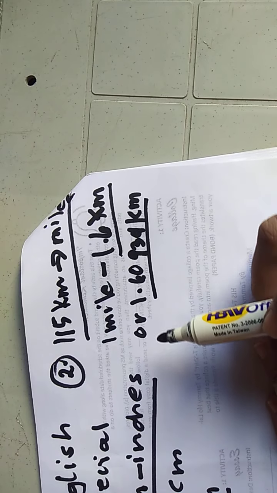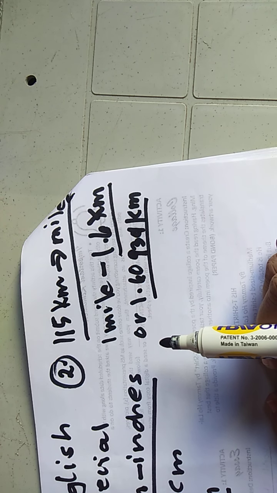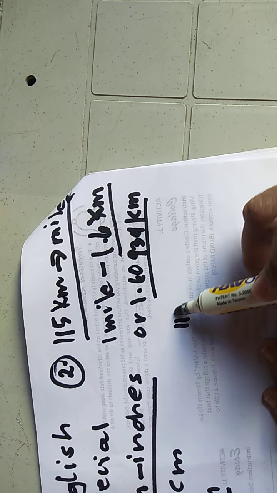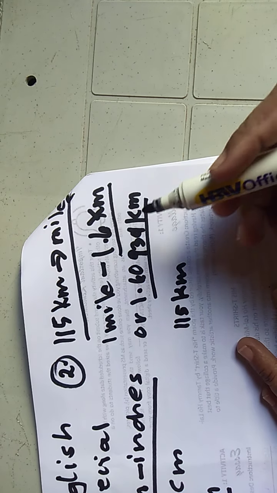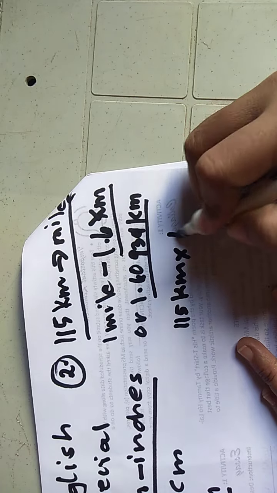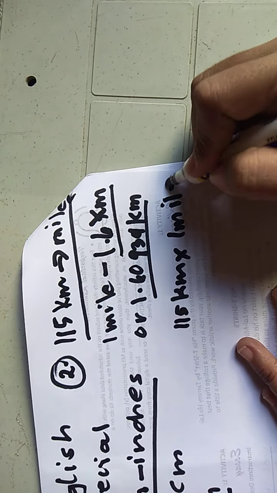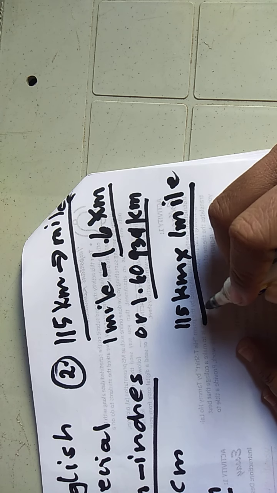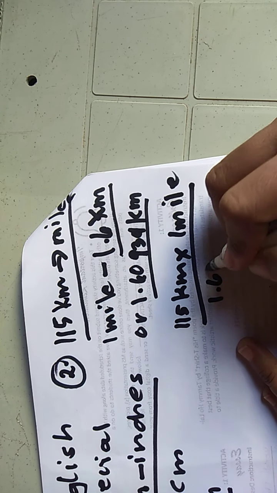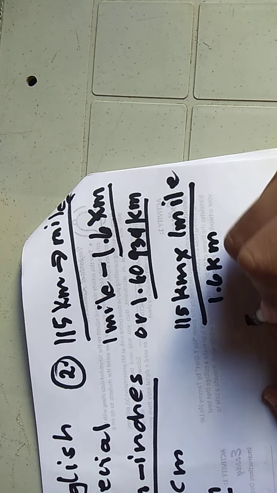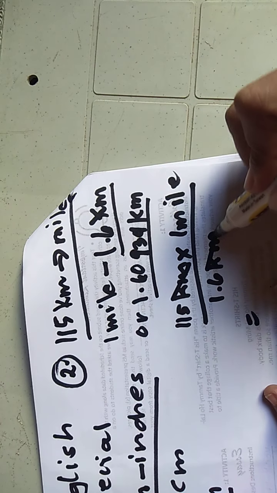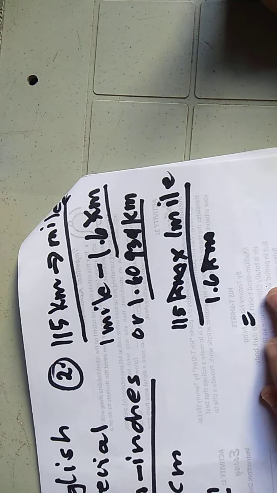So, dito muna tayo sa 1.6 kilometer. Okay? So, 115 kilometer times 1 mile divided by 1.6 kilometer. Okay? Cancel tayo with the same unit.